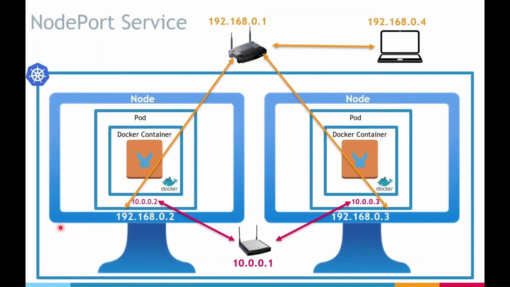Now assume that we have APIs hosted in both the pods on the first and the second node, and someone outside the cluster, for example this machine, wants to access the APIs. Since pods are creating their own network, this machine cannot directly access those pods, because despite the fact that this machine is on the same network as both the nodes, it still cannot access the pods.